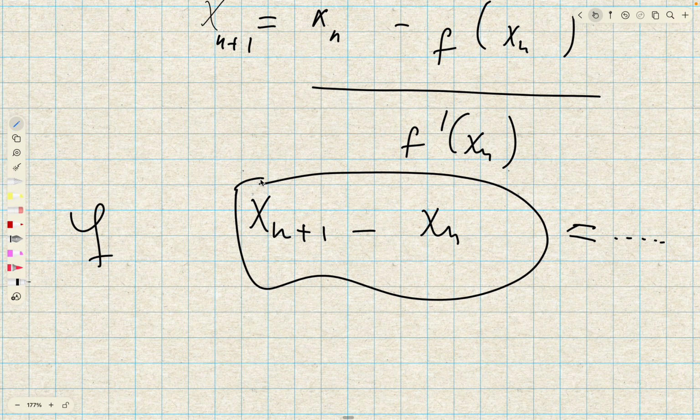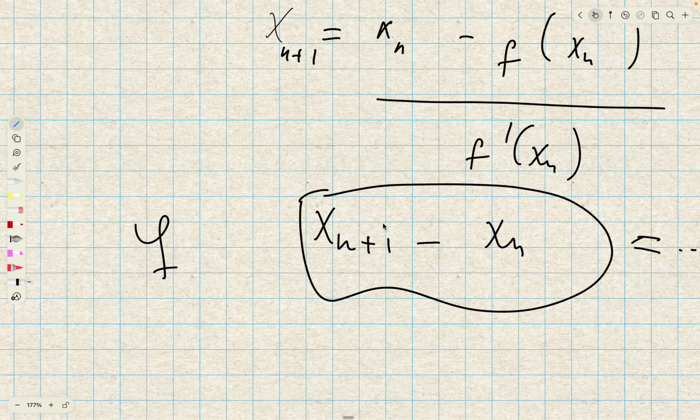It's an approximation. We just need a point where this difference is really small. Then we say, okay, we have a really good approximation of the zeros of that function. Yeah, that was a bit long video, and I hope you liked it.